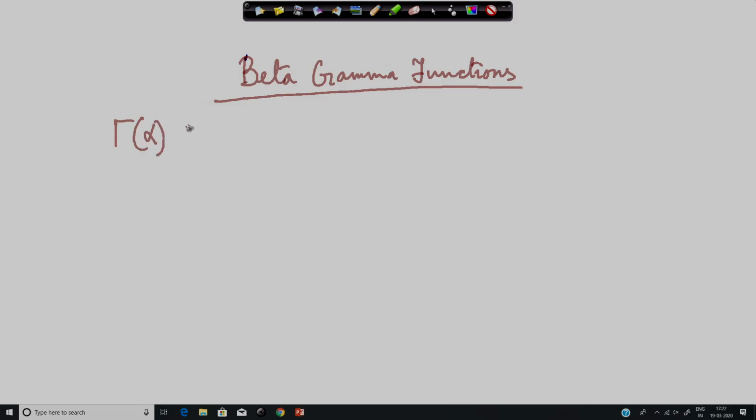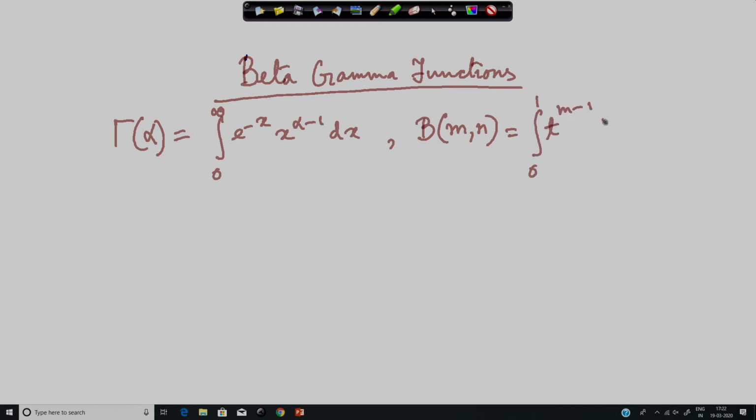First of all, let me write the gamma function. Gamma alpha is integral 0 to infinity e to the power minus x, x to the power alpha minus 1 dx, and the beta function is of the form integral 0 to 1 t to the power m minus 1, 1 minus t to the power n minus 1 dt.